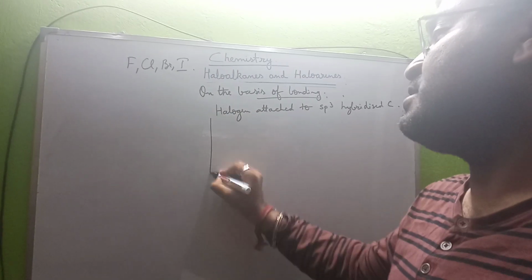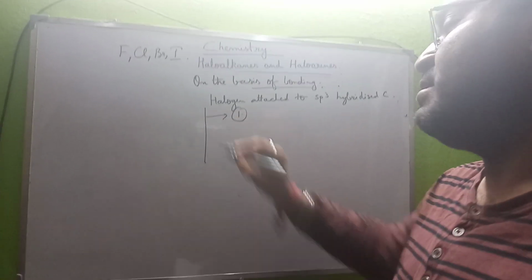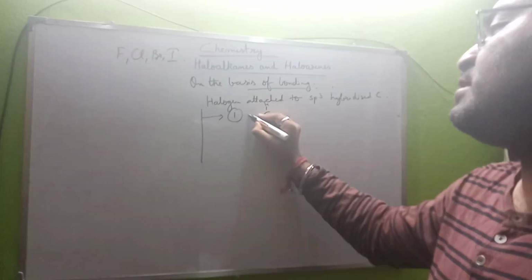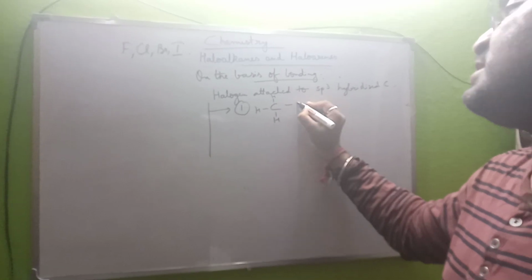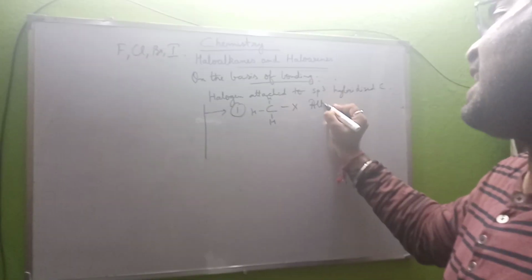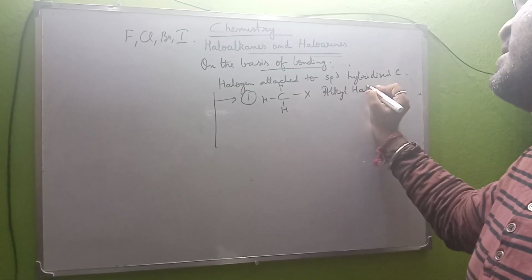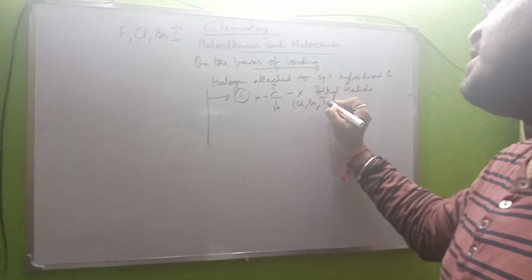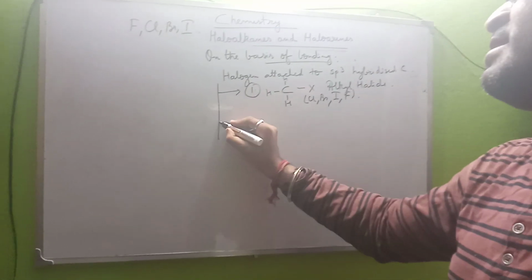On this basis, number 1, when a carbon has one halogen attached to it, we call this an alkyl halide. X is chlorine, bromine, iodine, or it may be fluorine.